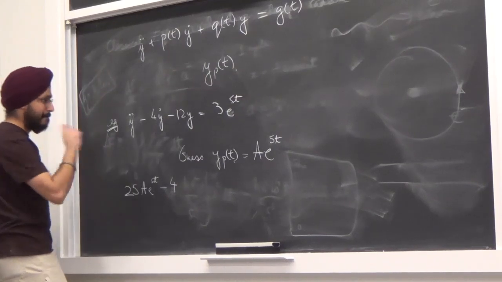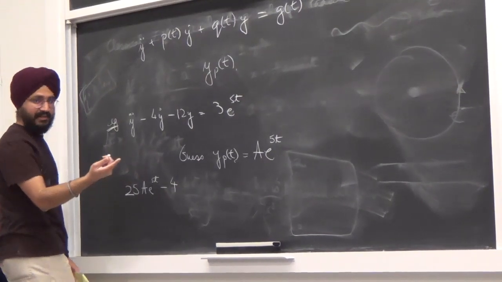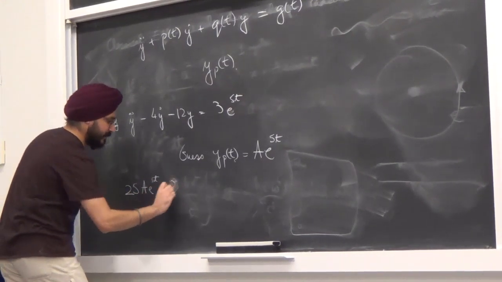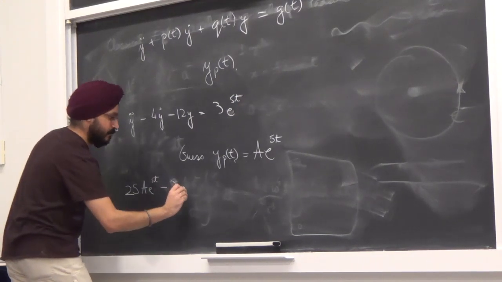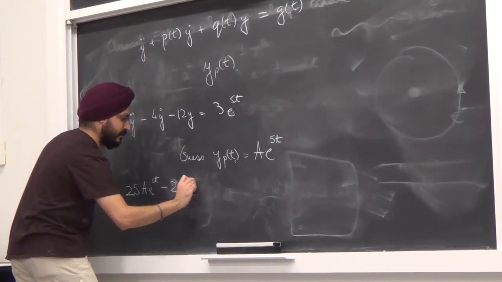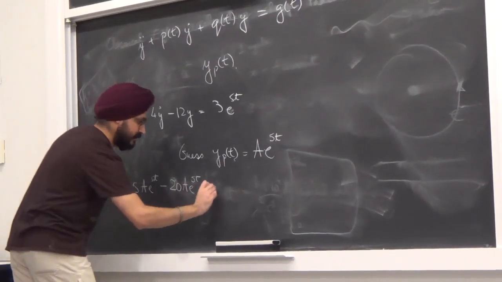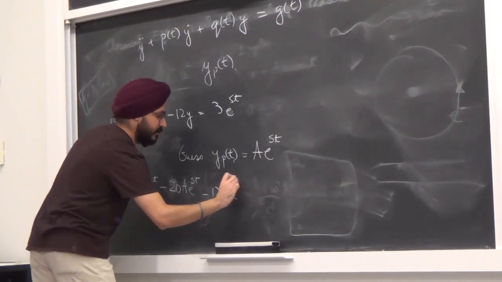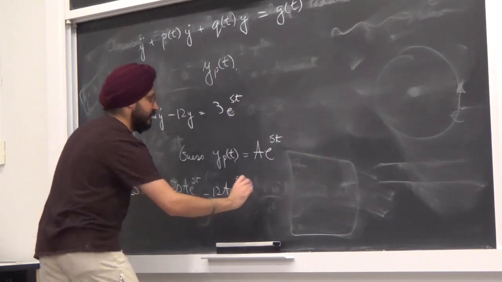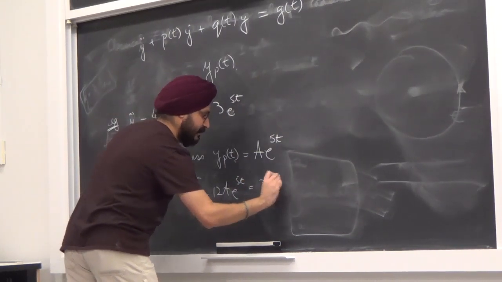What's y dot? 5a e to the 5t times the 4. It's a 20. 20a e to the 5t minus 12a e to the 5t equals 3 e to the 5t.